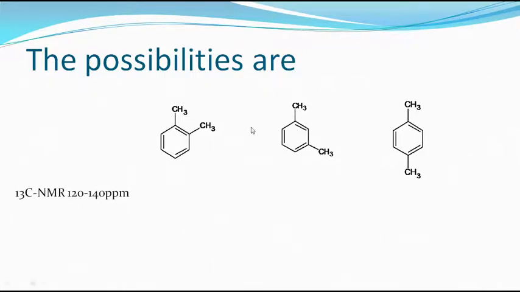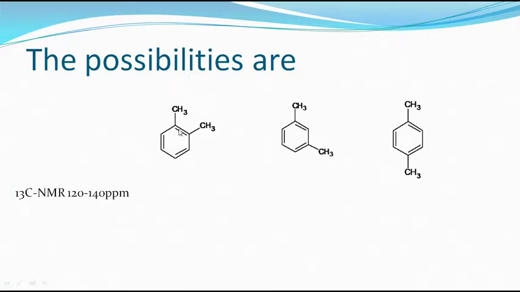In the region around 120 to 140 ppm, let us consider how many peaks are expected. Leave the CH3 carbon and take only the carbons present in the benzene ring.